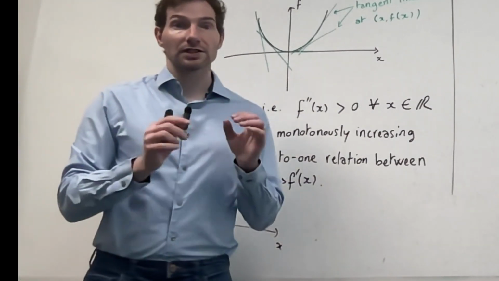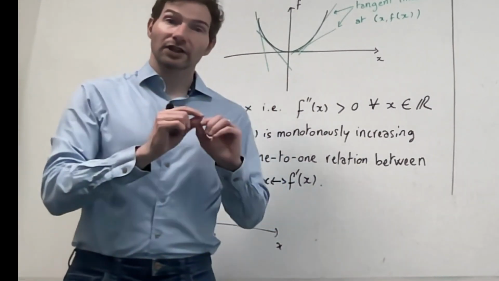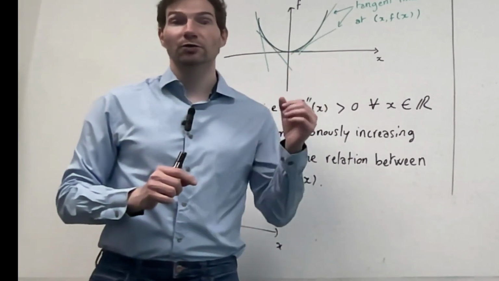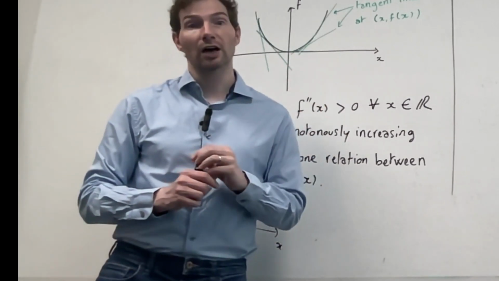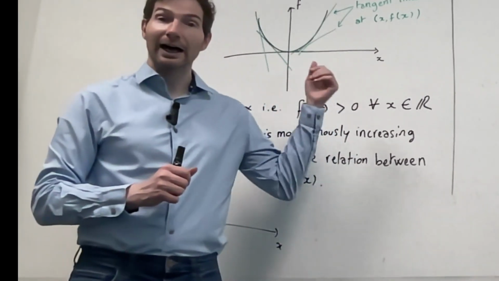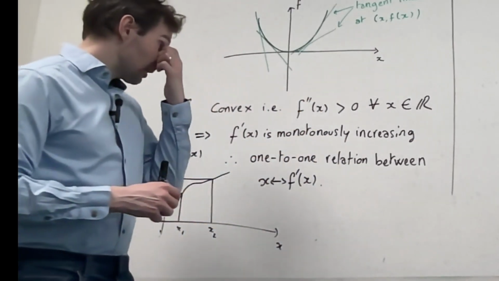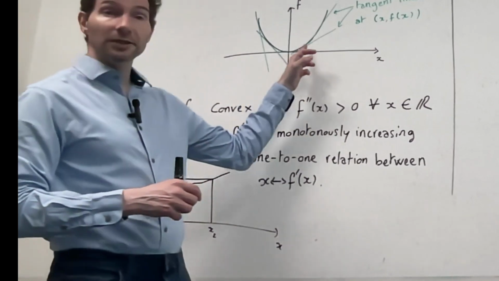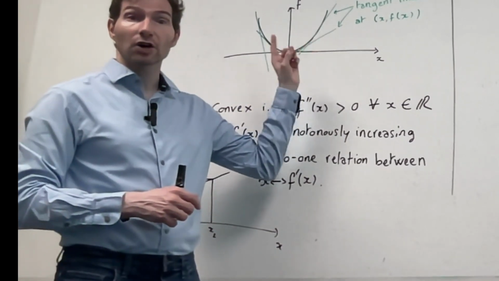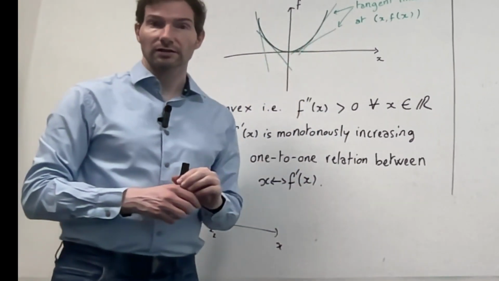Now, because these are tangent lines, and the tangent line has a slope, which is the derivative of the function at that particular point, then for any point you're going to have a unique tangent line.